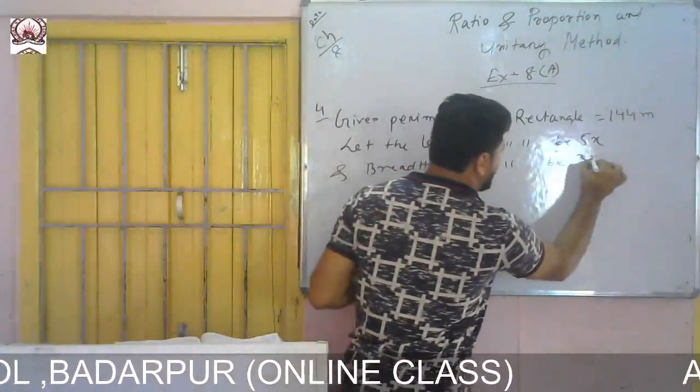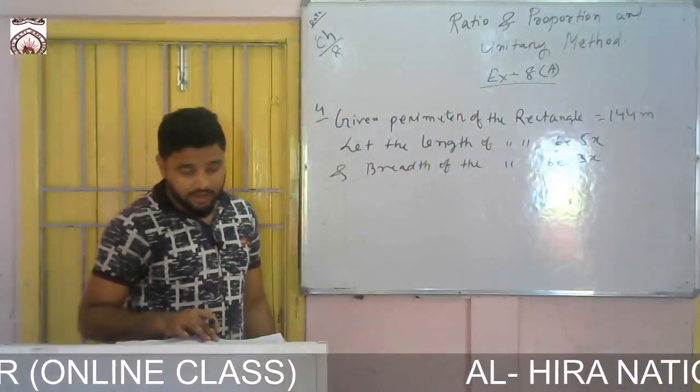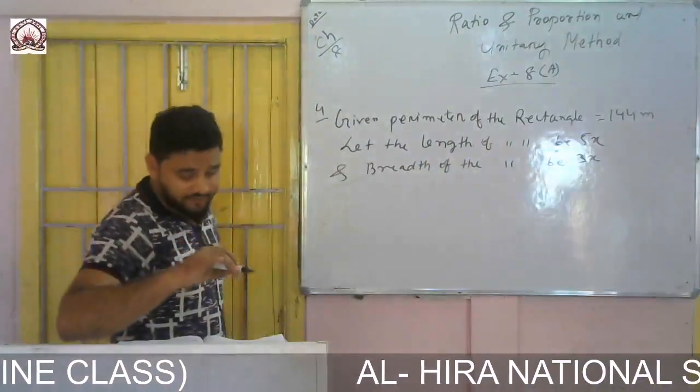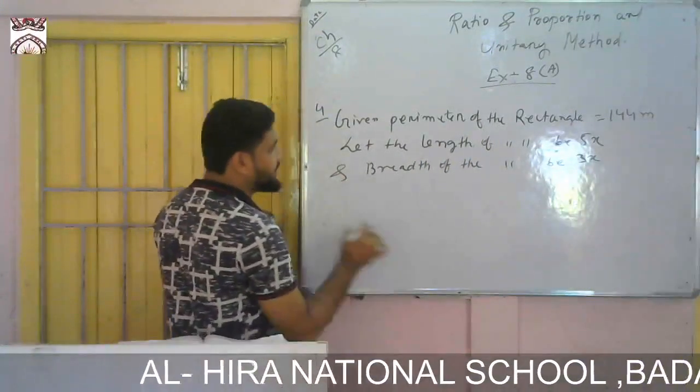Now according to the question, its perimeter is 144. Then find the length of the rectangle.